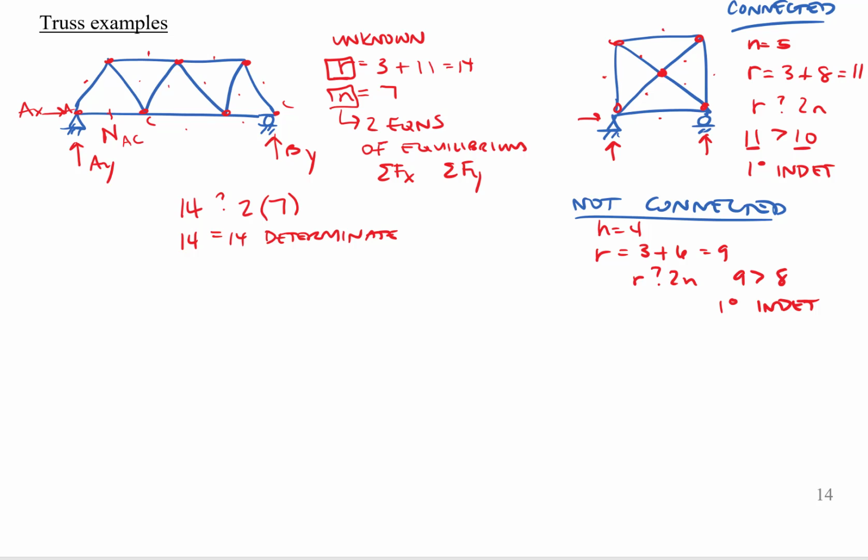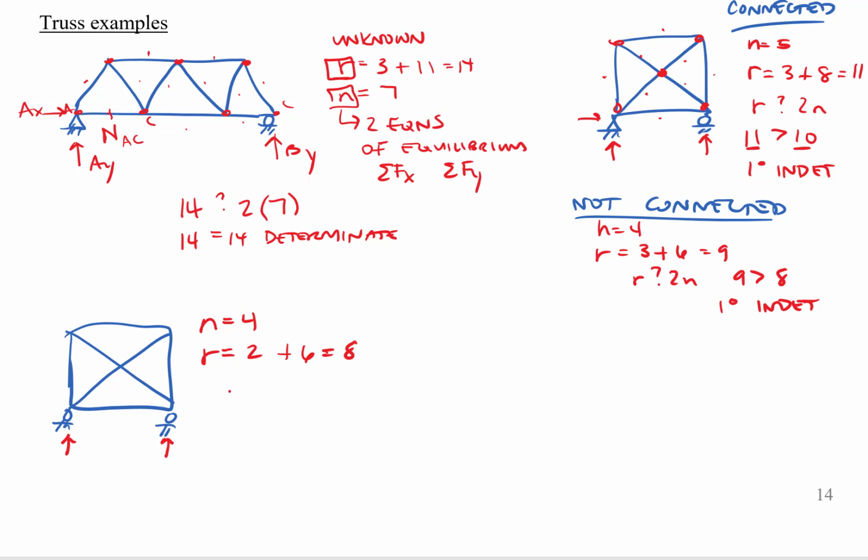What if I take that same structure and instead I change the boundary conditions to 2 rollers? So we'll do the second case, the not connected. N is 4. R is still plus 6 members. But now I only have 2 reactions. So I have R compared to 2n, I have 8 equal to 8. Alright, so the 8 equal to 8 tells me it's determinate.